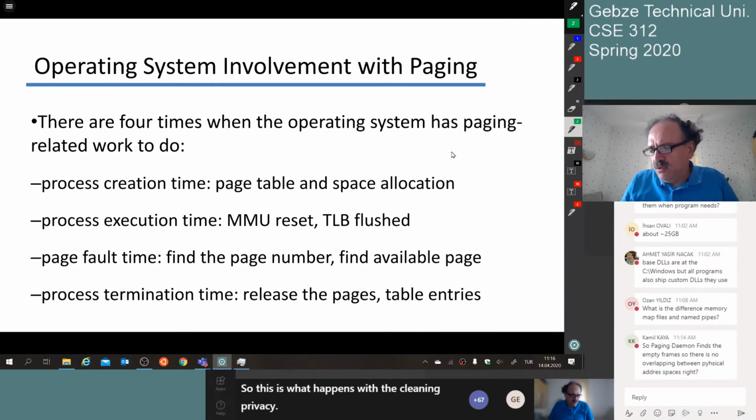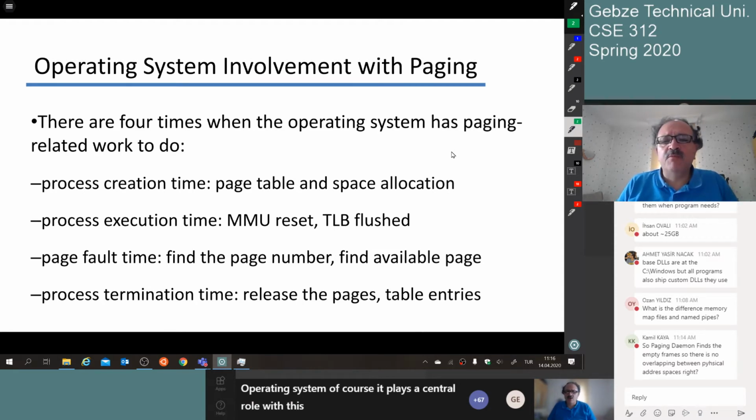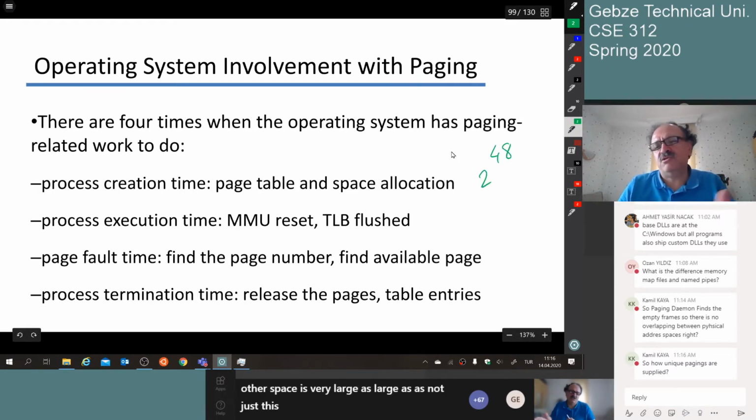The operating system, of course, plays a central role in this paging. It is all done by the operating system. We mentioned this a few times, but regular programmers and users don't know anything about paging. They think that they have one nice linear address space, where I can keep my instructions and data, and that address space is very large, as large as this big on Intel architecture.